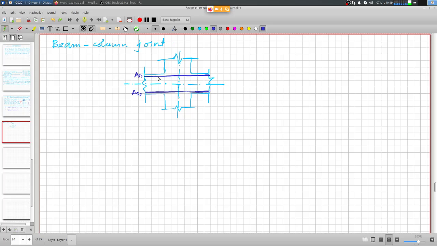So the force here, if it has yielded, is AS1 multiplied by Fy, and this is AS2 multiplied by Fy.